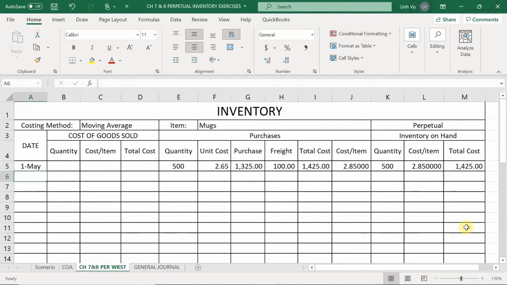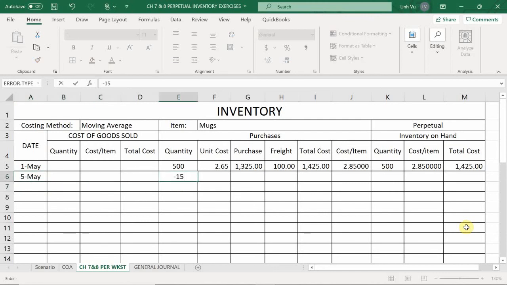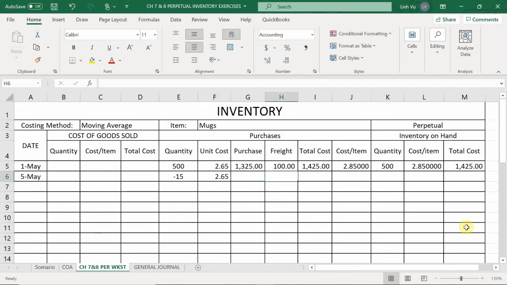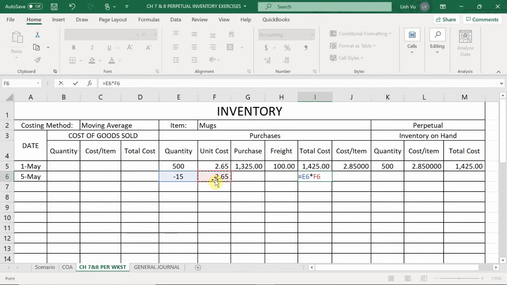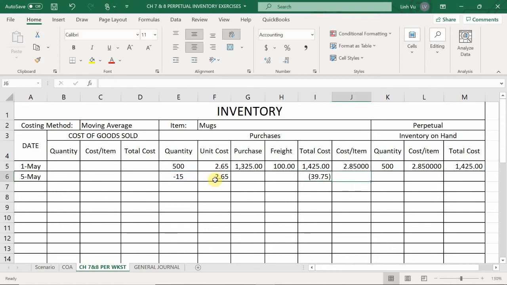Now, this dealt with our purchases. So what I'm going to do here is say I returned 15 items at $2.65. That means your total cost should reflect this: we should have a negative $39.75.